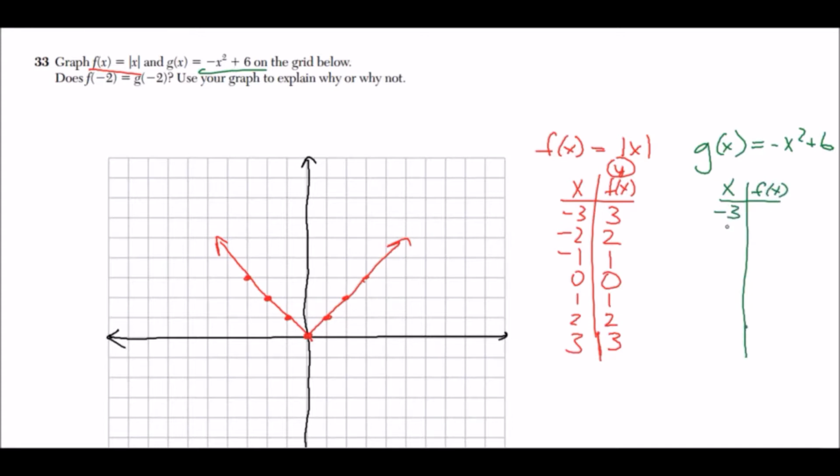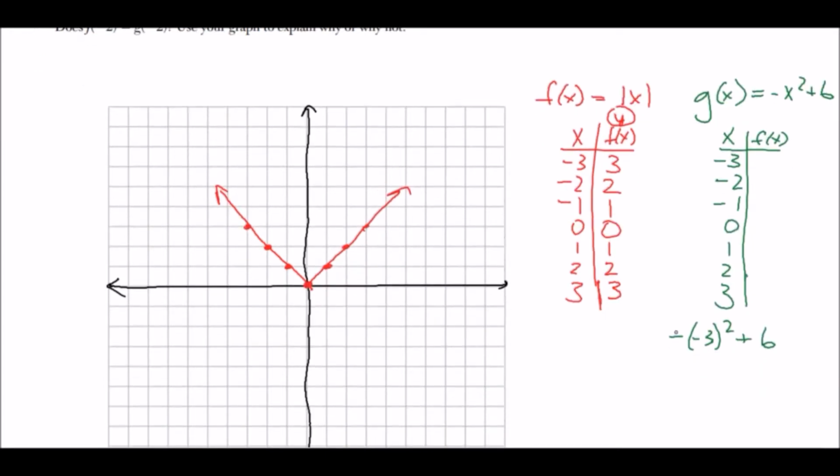And I'll do the same 7 x values here. So -3 squared, I'm replacing the x with -3, plus 6, and then that's negated at the front. So we have 9, -9 plus 6 is -3.